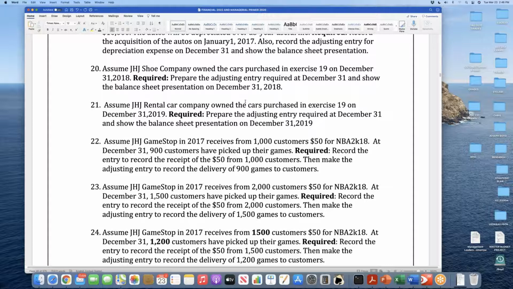Record the entry to record the receipt of $50 from 1,000 customers. Then make the journal entry to record the delivery of 900 games. So your task is to make those 2 journal entries. You got 5 minutes: 2 minutes for one journal entry and 3 minutes for the next.